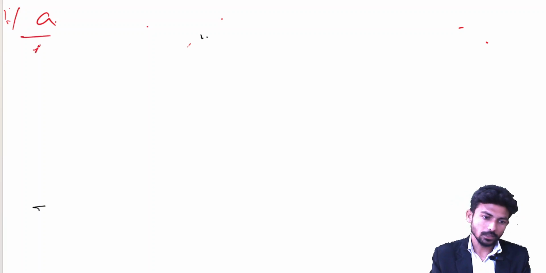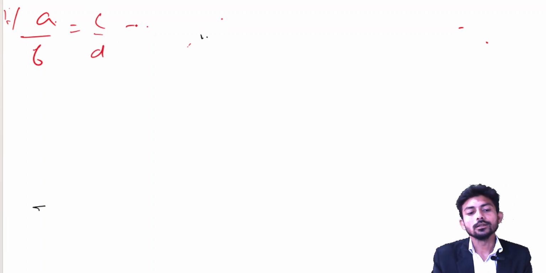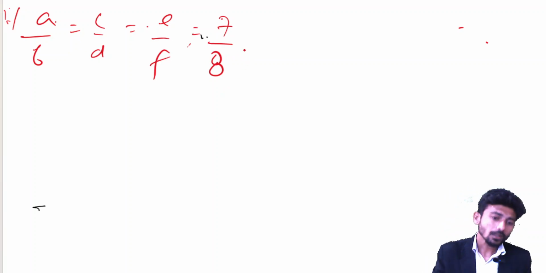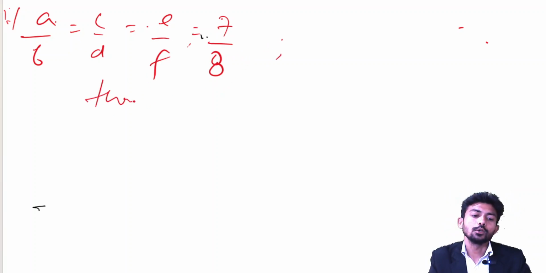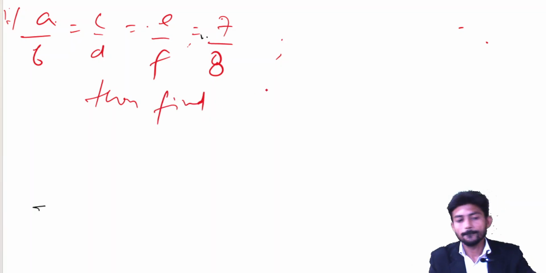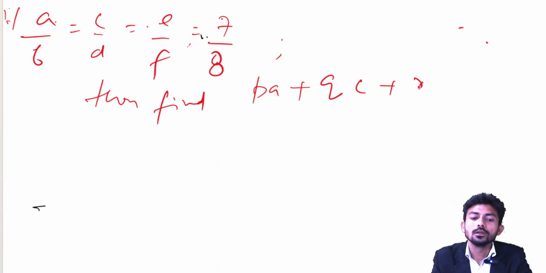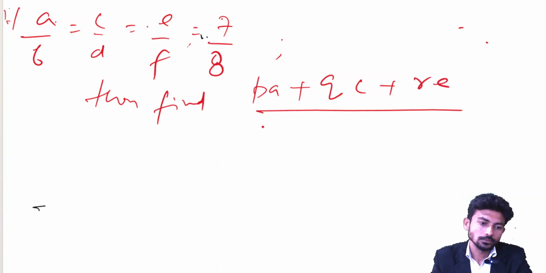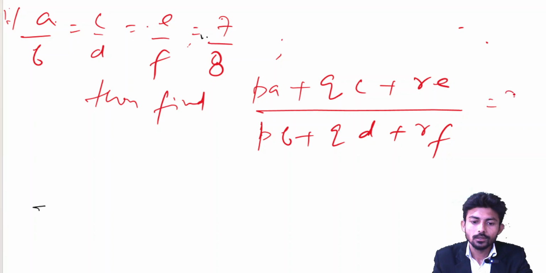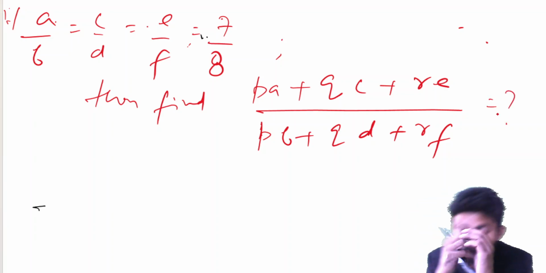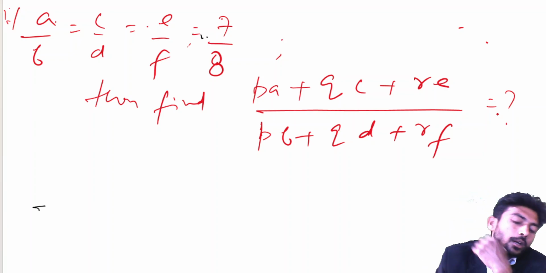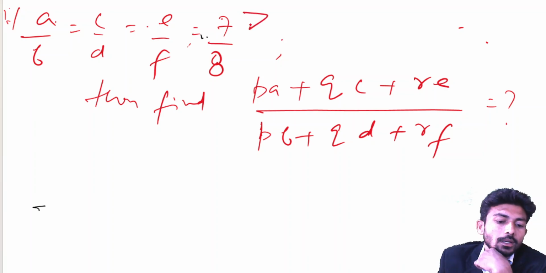If A by B is equivalent to C by D is equivalent to E by F is equivalent to some fraction, let it be 7 by 8. And in the question, if it is given to us, then find PA plus QC plus RE over PB plus QD plus RF. Such kinds of questions are also asked from the ratio topic, where this kind of data is given to us, and they ask us to find such a ratio.